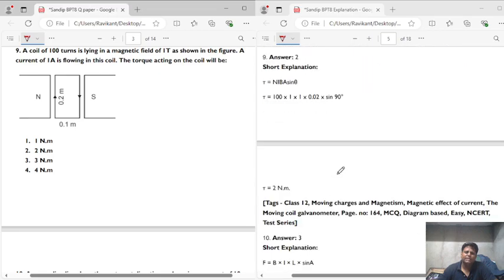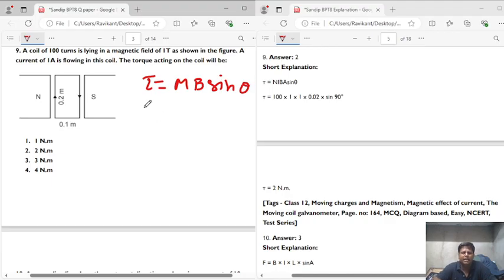Question number 9 says that a coil of 100 turns is lying in a magnetic field of 1 Tesla as shown in the figure. A current of 1 ampere is flowing through it. Then the torque acting on the coil will be. For a coil inside a magnetic field, we have the formula tau equals MB sine theta, right?